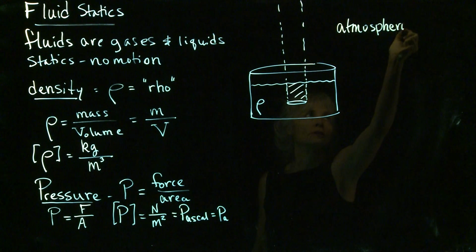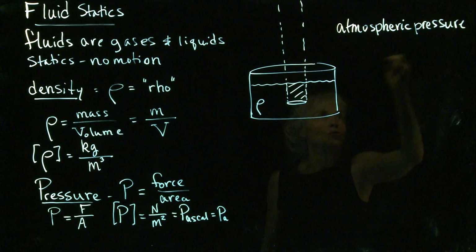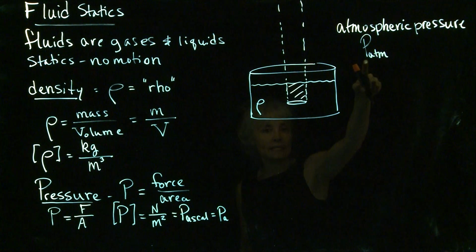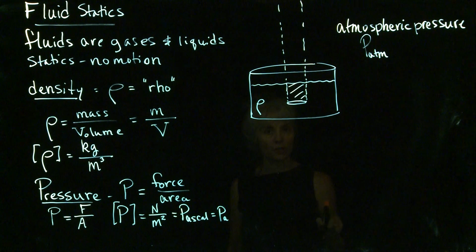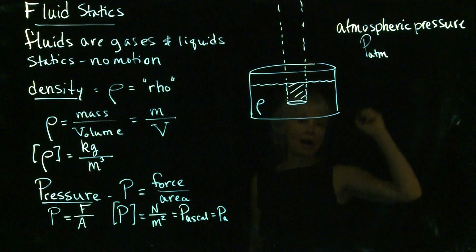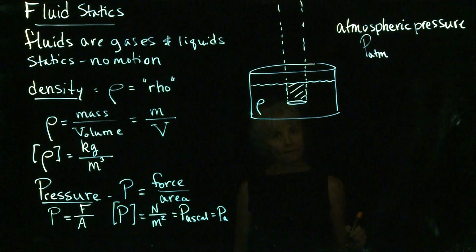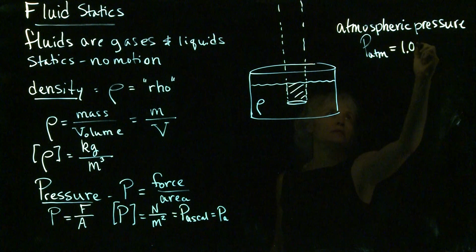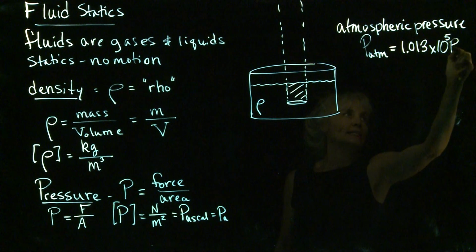Atmospheric pressure is pressure that is due to the atmosphere that we live in, and it gets the subscript ATM, standing for atmosphere. If we're talking about standard atmospheric pressure, that is measured at sea level, dry air, and has a value of 1.013 times 10 to the fifth pascals.